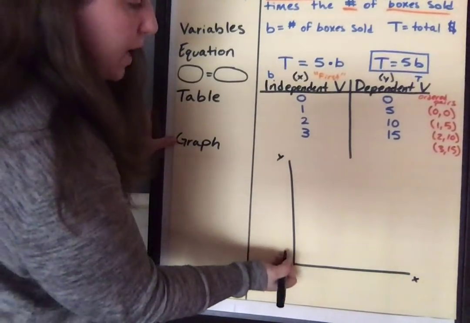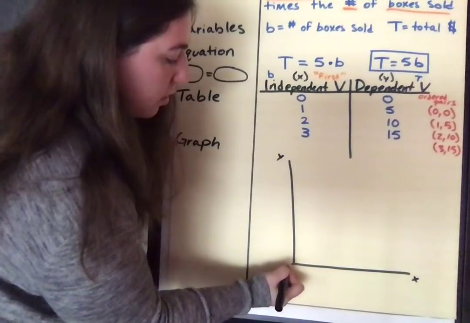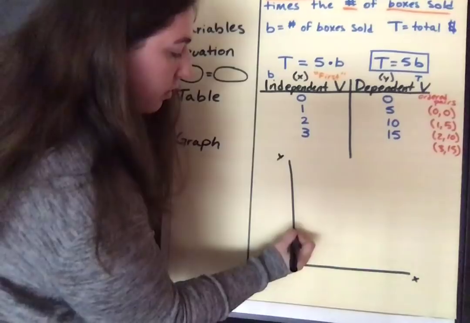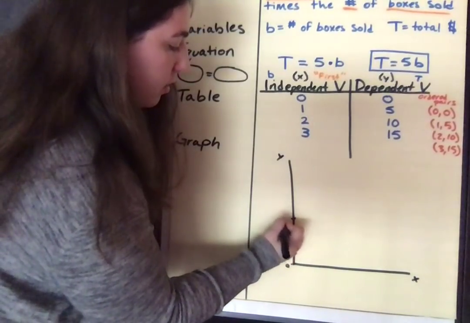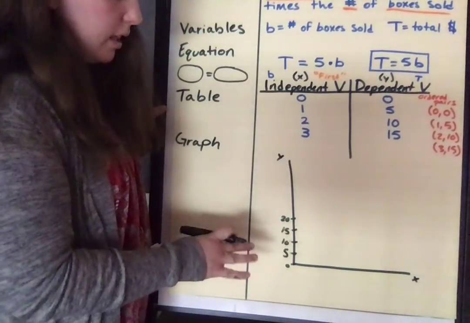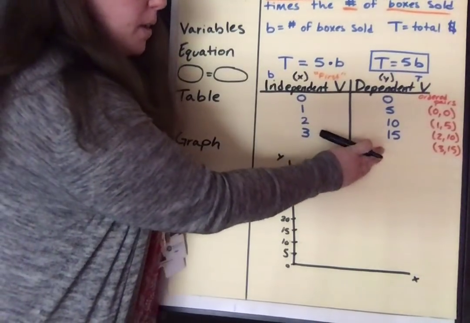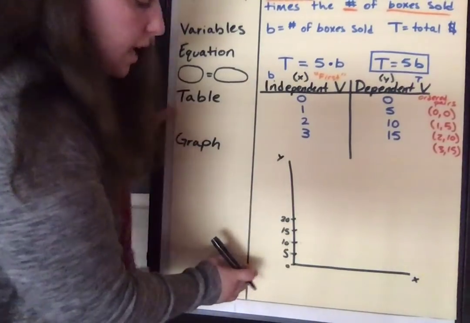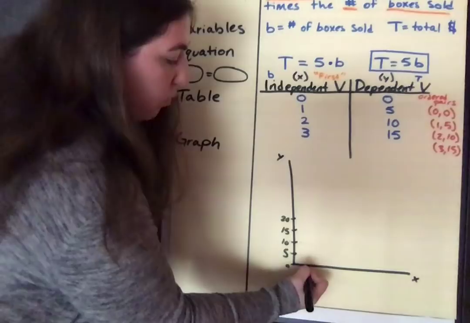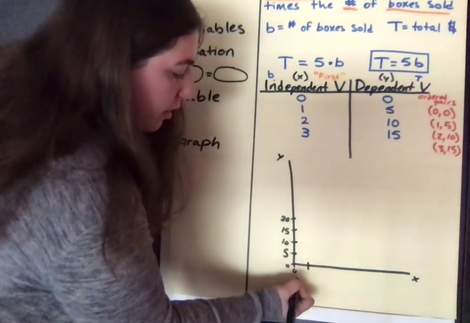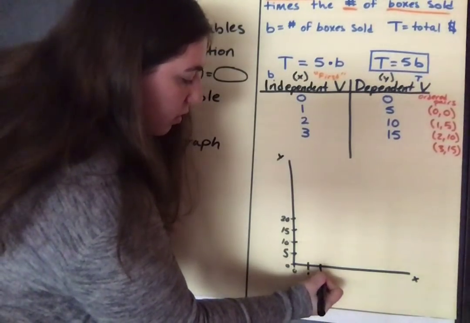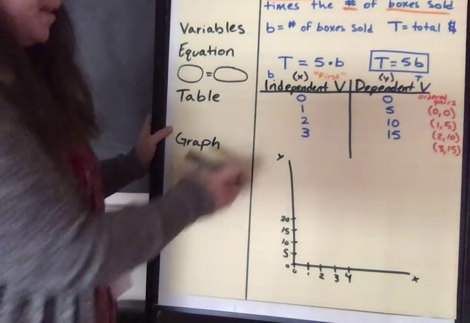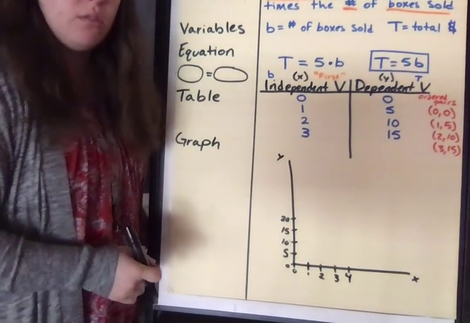So I'm going to count by 5s on the y. So here's 0, 5, 10, 15, 20, and I think I'm good. I think I can stop because my values over here don't go beyond 15. Now I'm going to do the same for the x. I'm going to count by ones. So here's 0, 1, 2, 3, 4, and I can stop there because my x values don't go beyond 3.